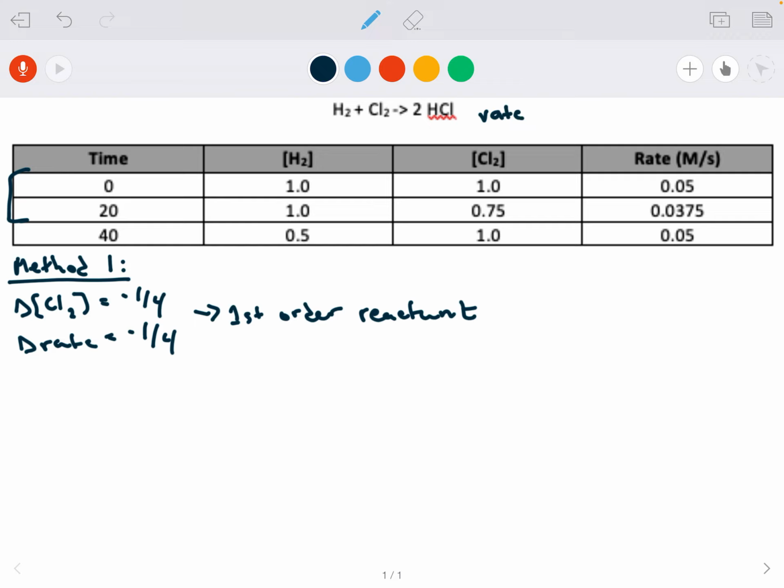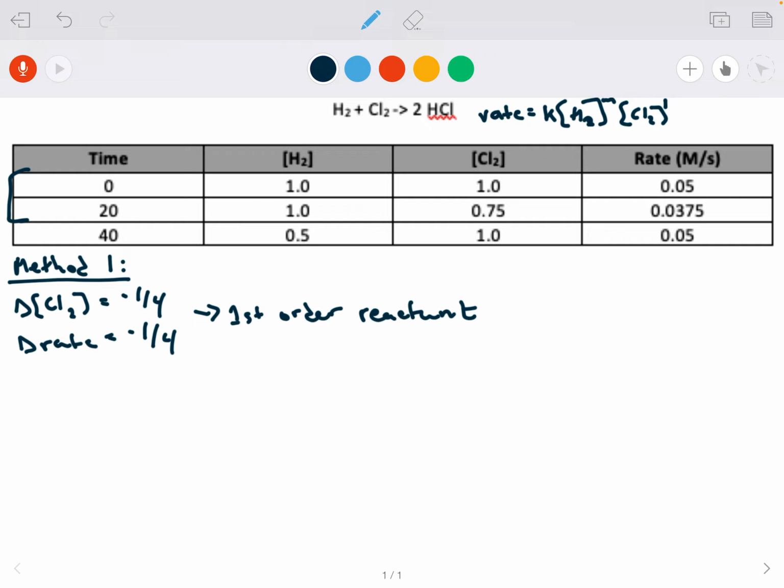So if I'm doing the rate law up here now, we've got rate is equal to K times the concentration of H2. We're not sure yet what that is, so we'll just say to the M, and then the concentration of Cl2 to the first. Now H2, between time interval 1 and 3, the concentration of hydrogen drops by 1/2, from 1 to 0.5, whereas chlorine stays constant at 1.